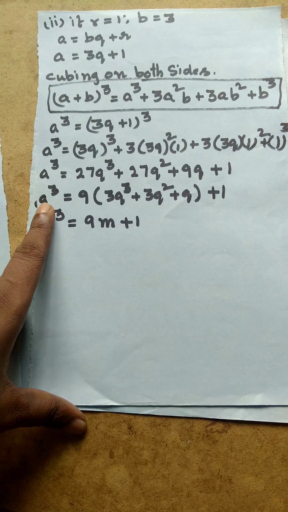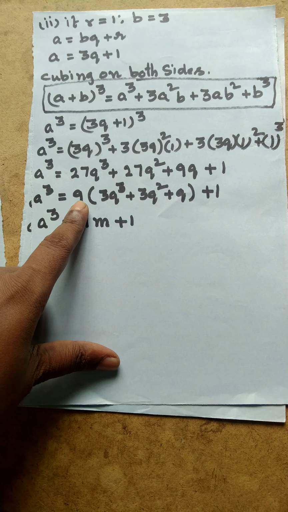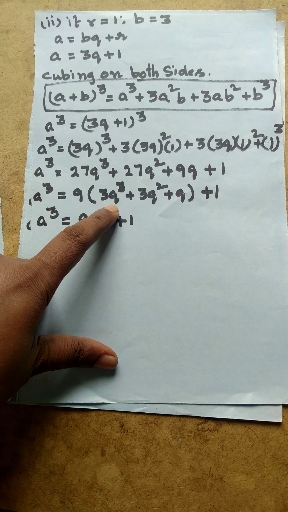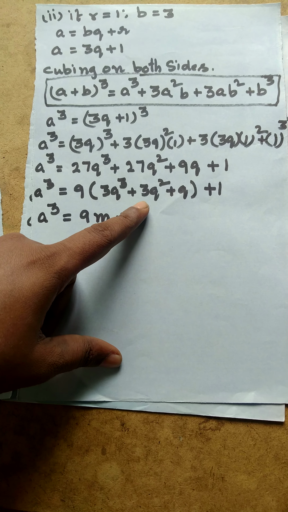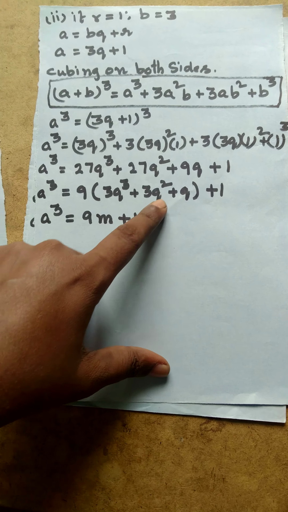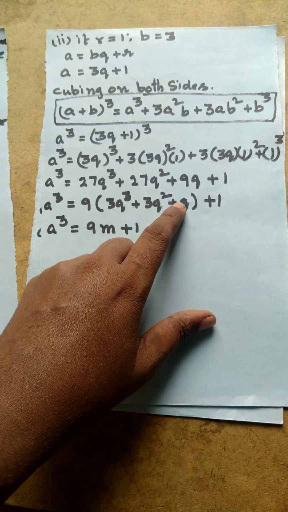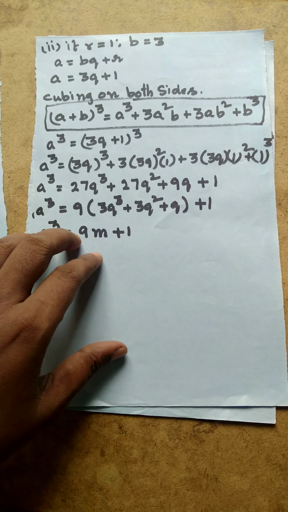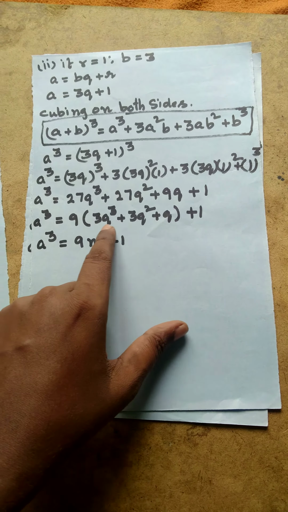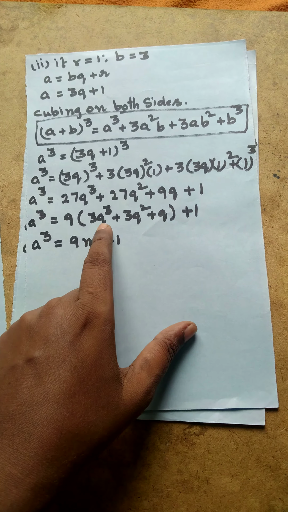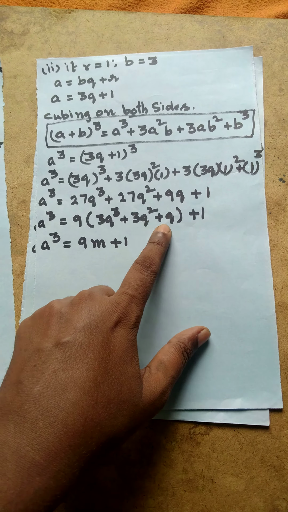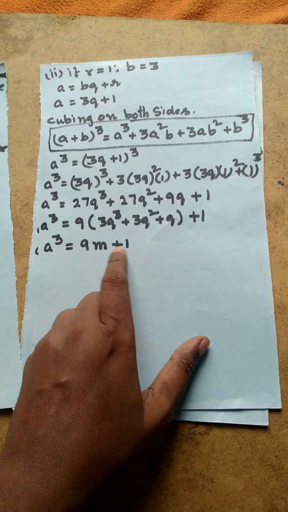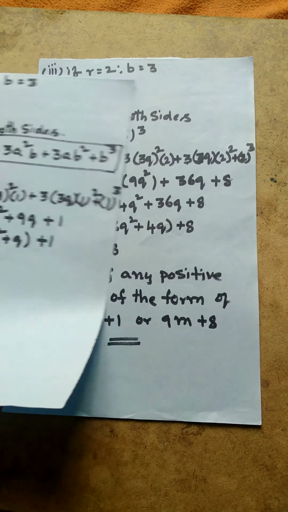So a cube equal to, taking 9 as a common factor, 9 into 3q cube plus 3q square plus q, plus 1. We have to show it in the form where these can be taken as m. So 3q cube plus 3q square plus q can be taken as m, giving 9m plus 1. That is the second case.